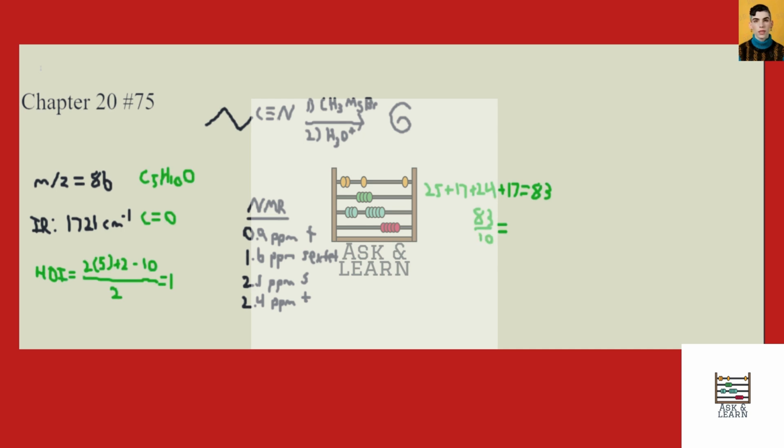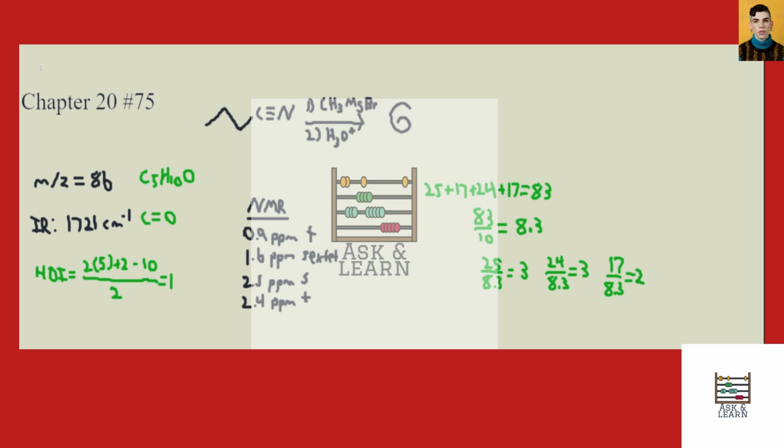So 8.3 integration units is equal to 1 hydrogen. Then we divide each of the individual units by 8.3. 25 divided by 8.3 is roughly 3, 24 divided by 8.3 is also roughly 3, and 17 divided by 8.3 is roughly 2.